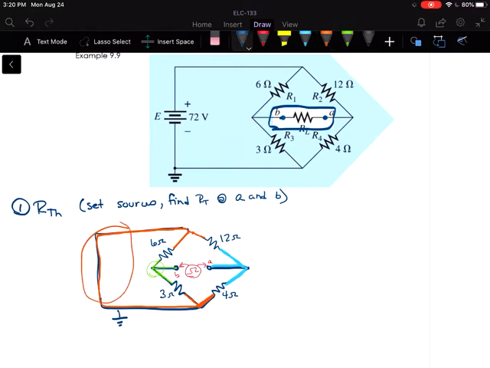So I'm going to draw that, the 6 and the 3. Now the 12 and the 4 are also in parallel because they are connected on one side here and then also over here as well. So I'm going to draw that in.